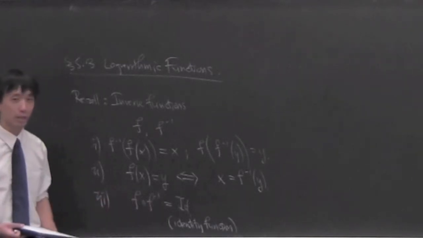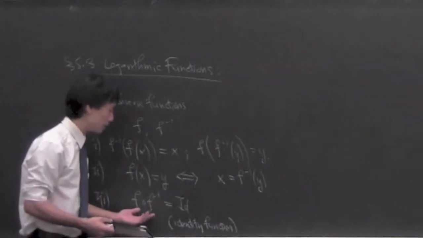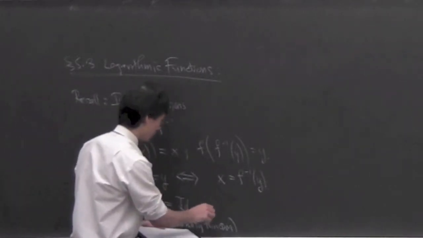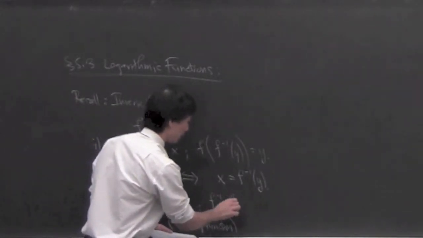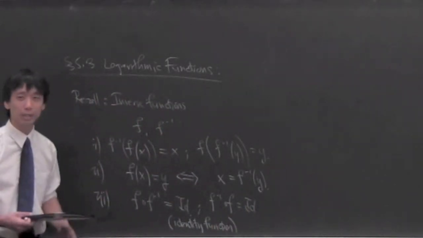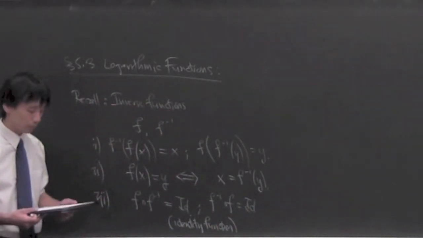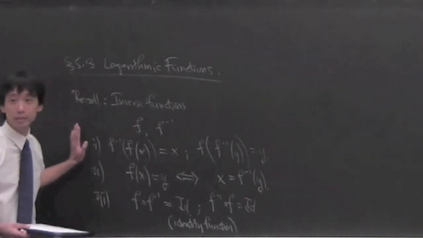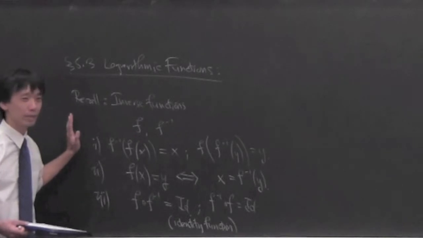So the composition of these, again, says that they cancel each other's operation out. And it goes both ways. If you compose them either way, then you get the identity function. Okay, so this is the inverse function. You all remember it, I hope.